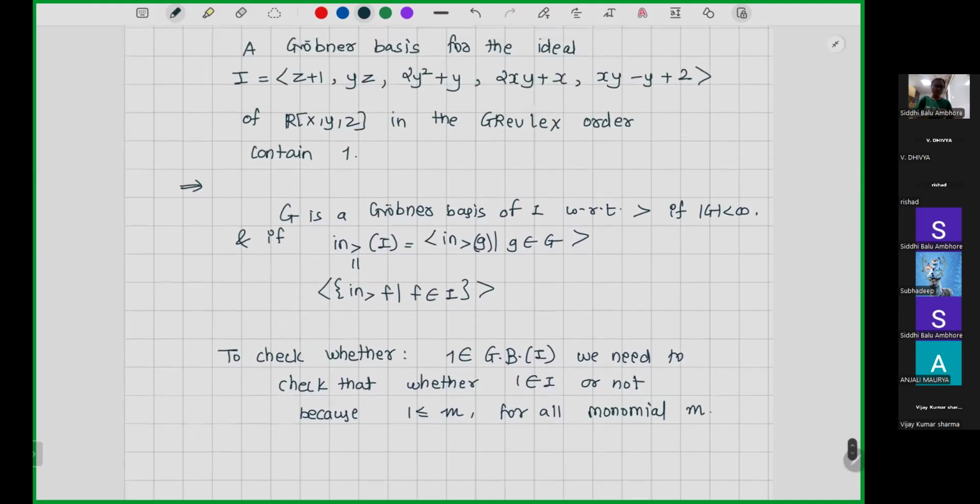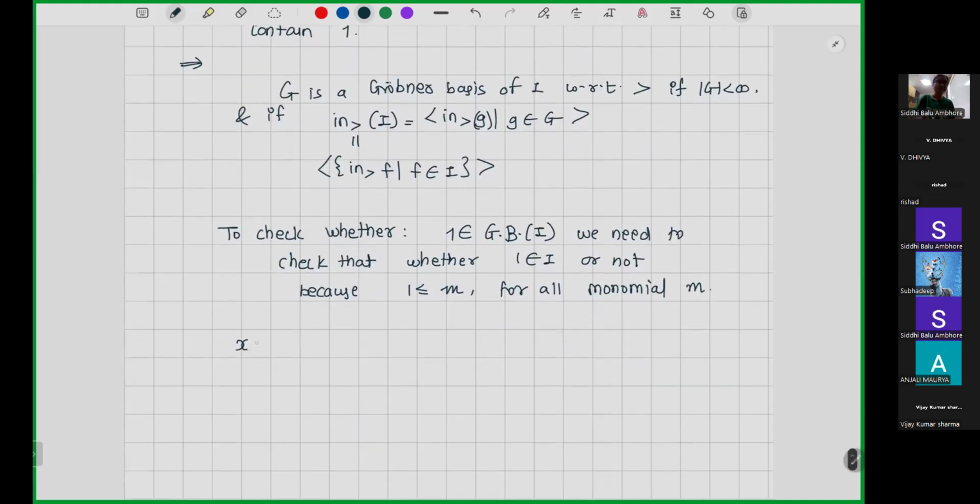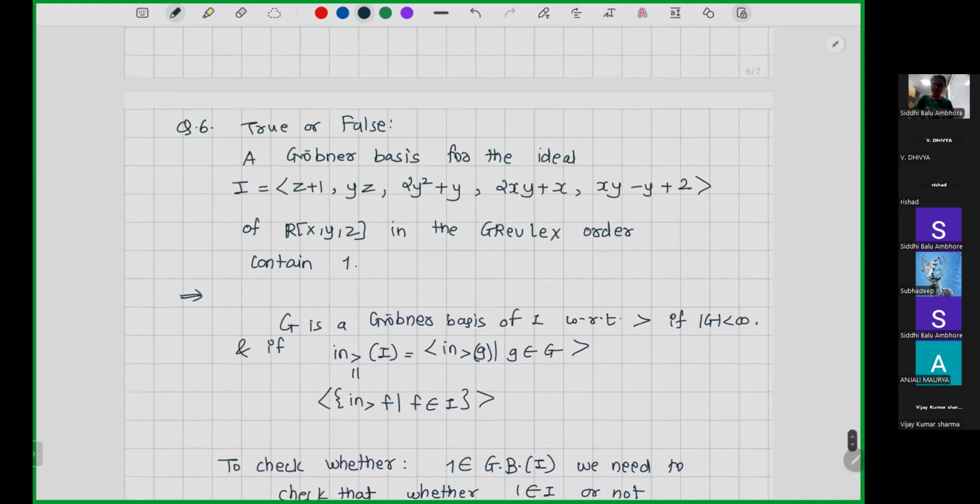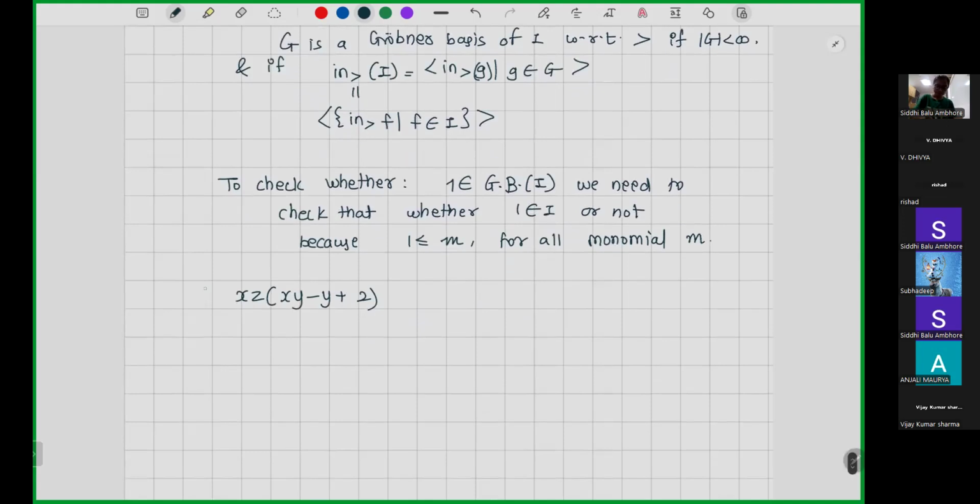So x is x z into minus y plus 2, plus x square plus 1 into yz plus 2x into z plus 1.